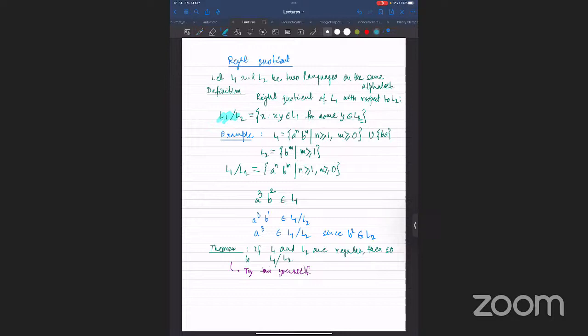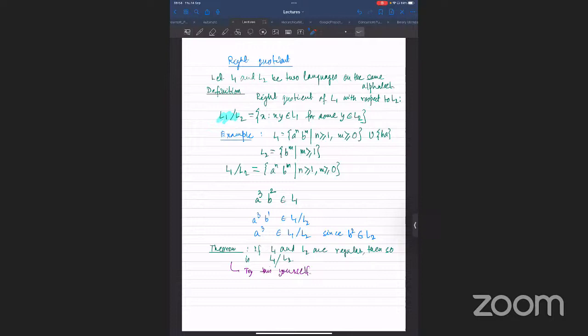Now, what is this then? Let's see again. Here you have a^n b^m, n greater than or equal to 1, m greater than or equal to 0, and ba, and L2 is one or more b's. Now what is a^n b^m here? Is this correct? Let's see.